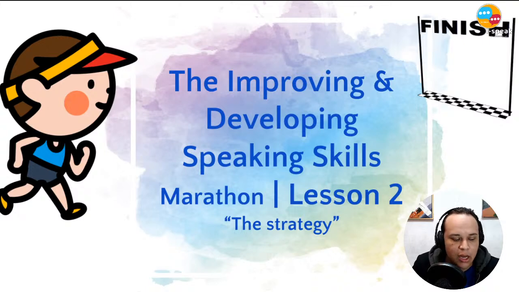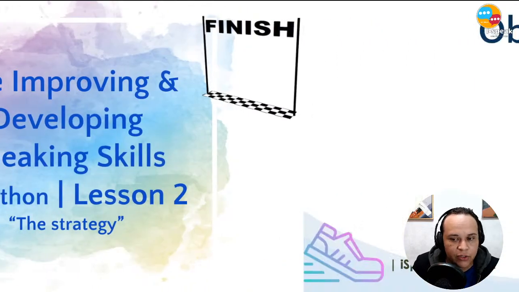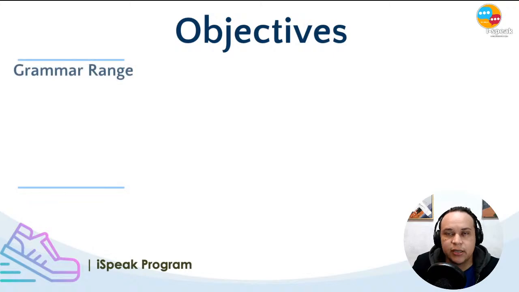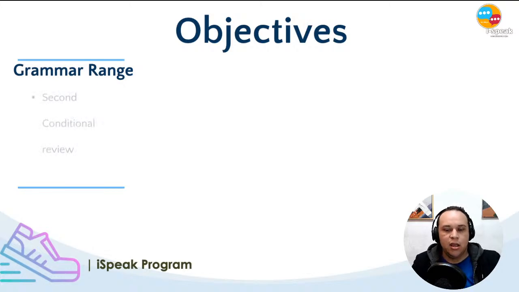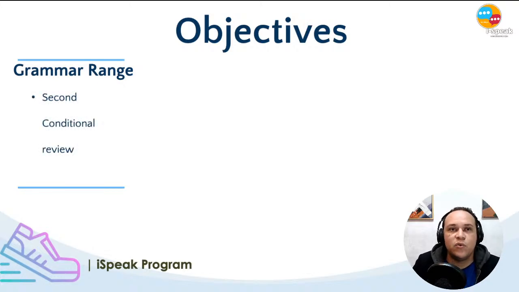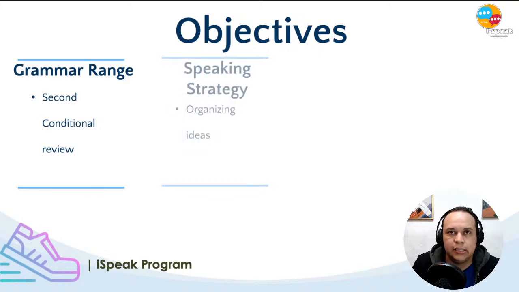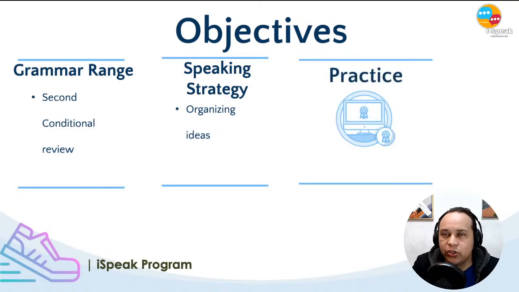But first, as I mentioned before, we're going to be talking about the objective. What is going to be today's lesson objective? We need to talk about the grammar range, right? And we're going to be reviewing second conditionals. Then we're going to be talking about the speaking strategy, which has to do with organizing ideas. And last but not least, we need to practice.